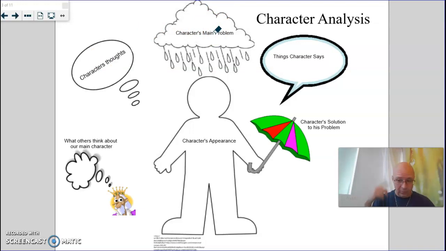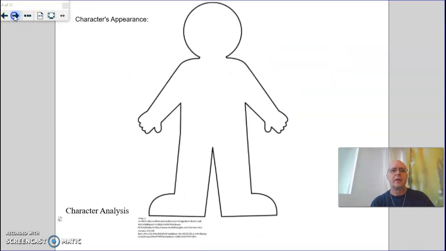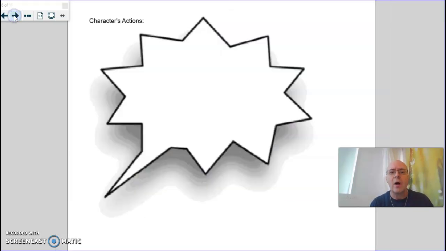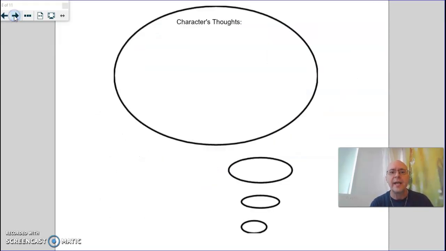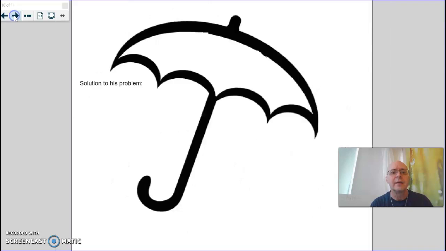We talked a little bit about that last week with you older ones. Today we're going to talk about something a little different. Today we're going to focus on the setting, or where the story takes place.